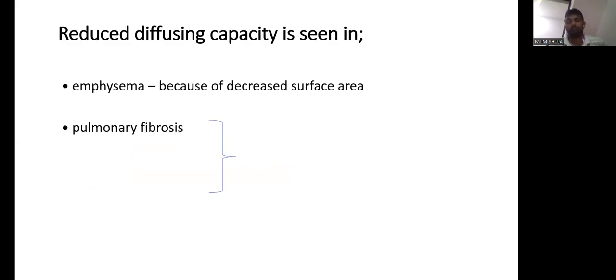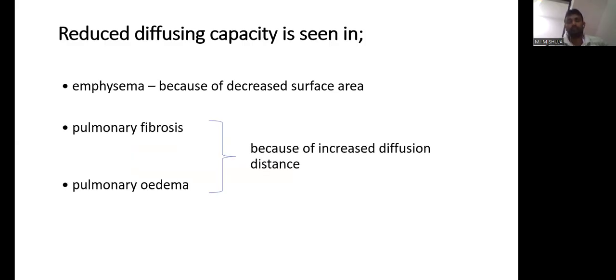It is also seen in pulmonary fibrosis and pulmonary edema, where there's an increased diffusion distance of the gases. So gas exchange is reduced, and diffusing capacity is reduced.